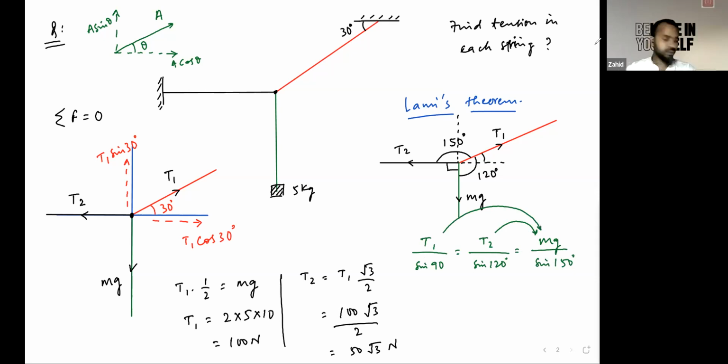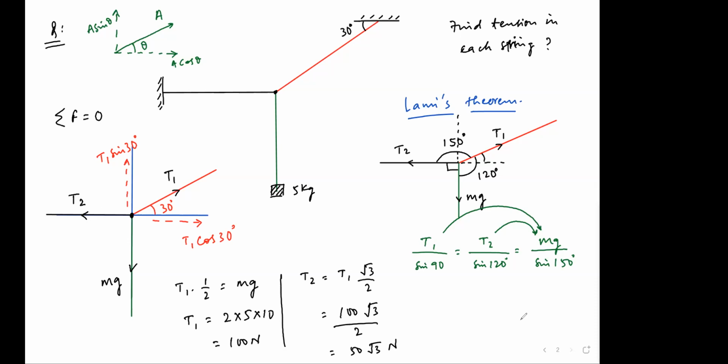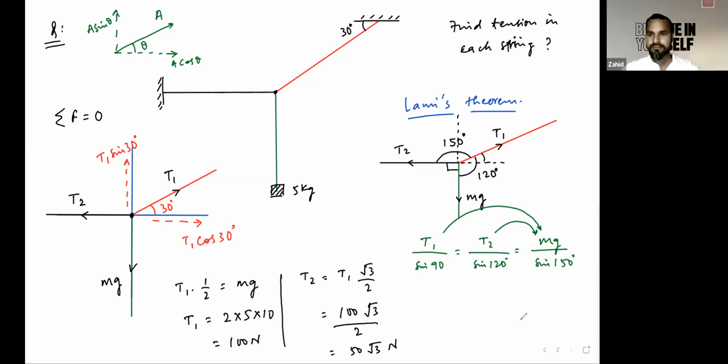I'll show you how to solve sine of 120 degrees and sine of 150 degrees.